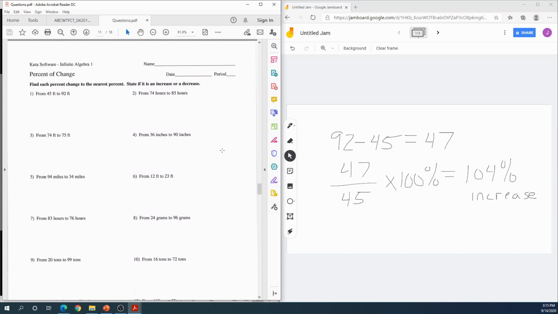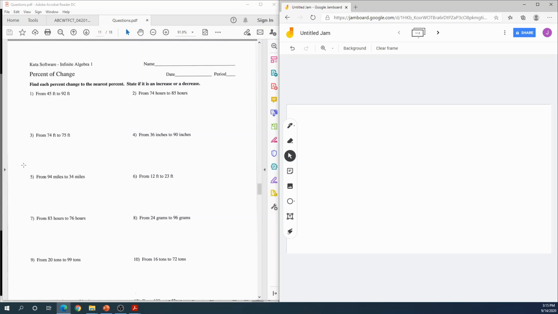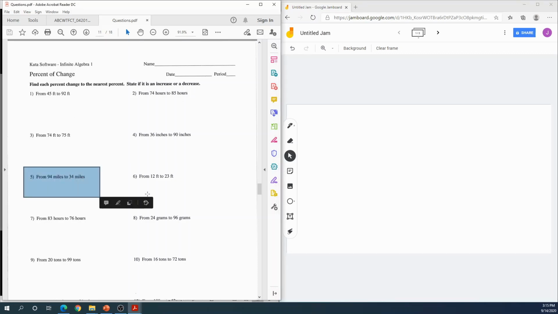Let's jump down and take a look at another one of these. Let's go to number 5. From 94 miles to 34 miles. So we started at 94. We went to 34. Which is going to be a change of 60. So we changed 60.